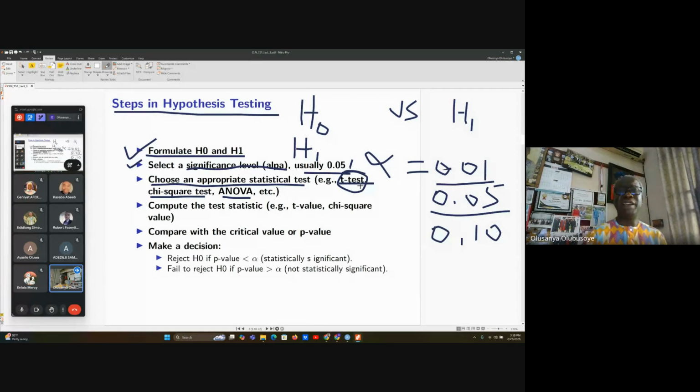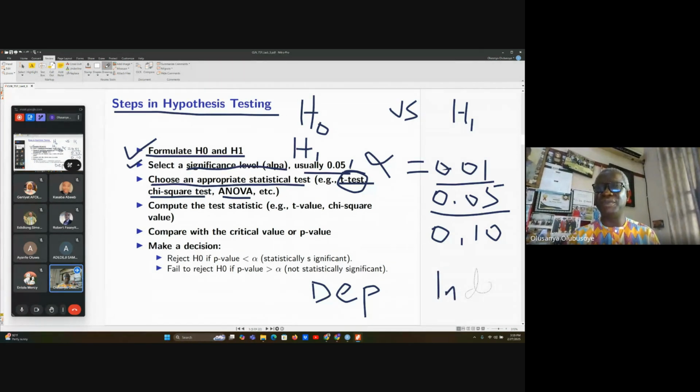when, you remember, was it the lecture we had the other time on machine learning? We were talking about regression, and I told you of dependent variable and independent variable.